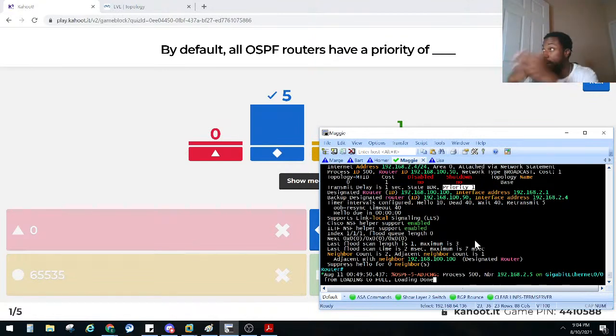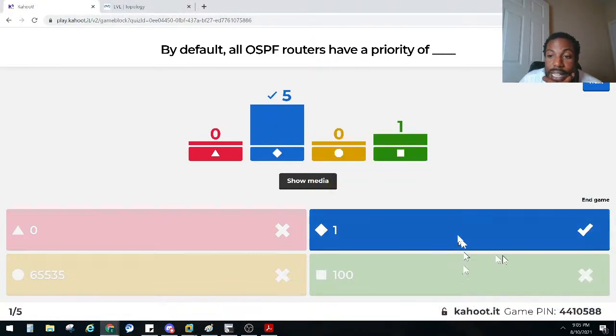That's how the election process works. It picks the one with the highest priority. That's normally a tie, so the tiebreaker is the highest router ID. Whoever has the highest router ID becomes the designated router, then the backup designated router, and so on. So that's it for that one. Most of y'all got it correct. I'm glad y'all were paying attention.